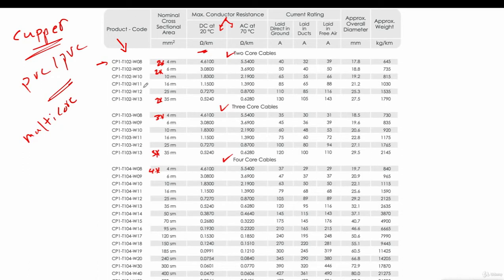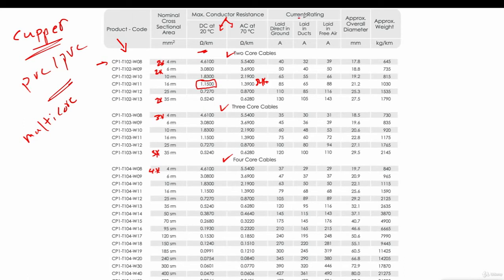It means for 2 core cables, 16 square millimeters, for DC current the resistance is 1.15 ohm per kilometer, and for AC current the resistance shall be 1.39 ohm per kilometer. And the same for the rest of the table.